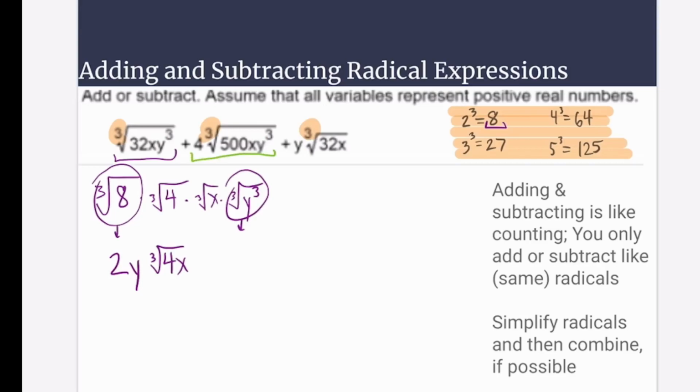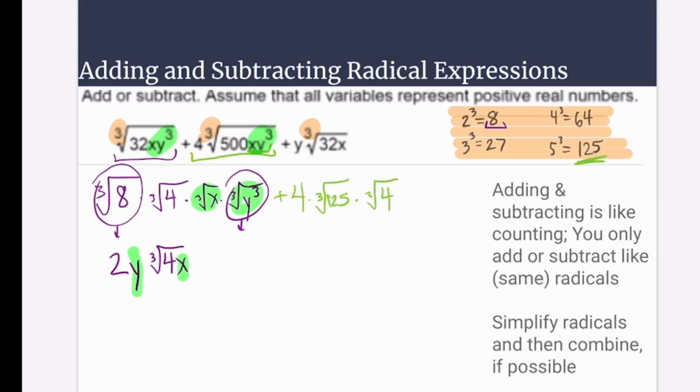The second radical also has this xy cubed piece. So that means if this is the same as this, then this is also going to happen, which means I'm also going to have the y come outside. I'm going to have the x inside the radical for my second term. So we're going to have 4 already outside, and then the cube root of 125, because that's a factor of 500.